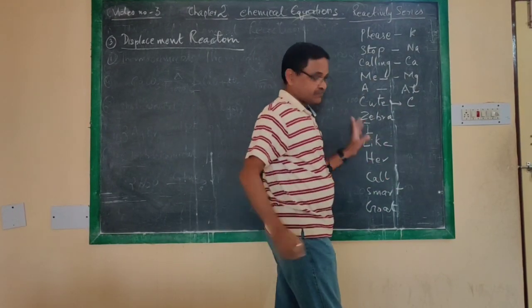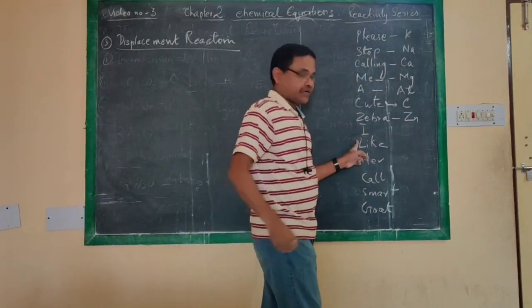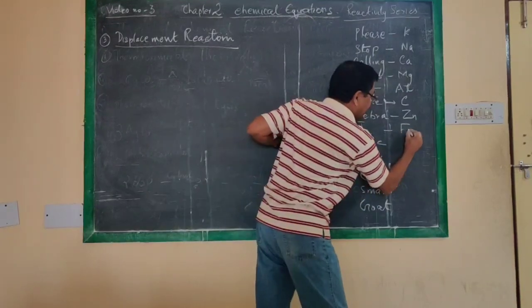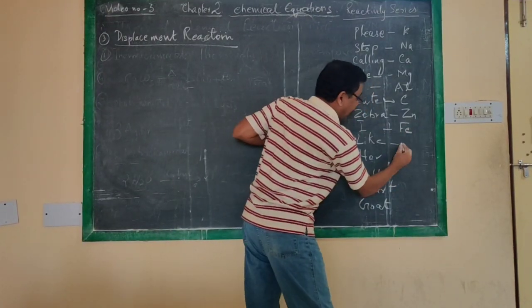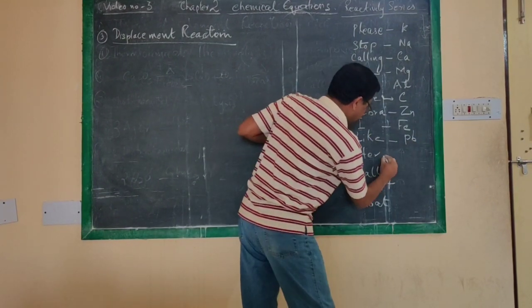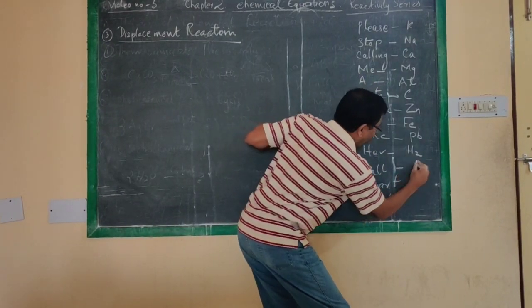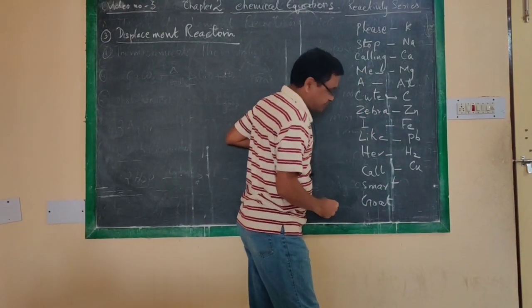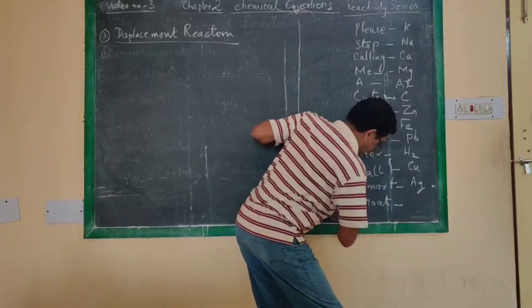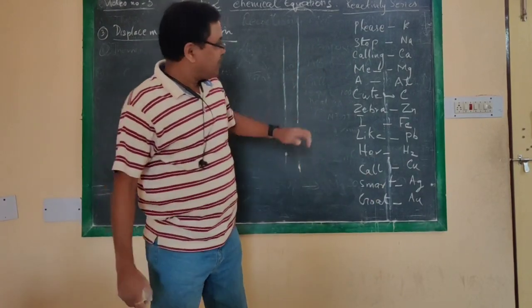C, carbon. Zebra, Zn, zinc. I means iron, Fe. Like, lead, Pb, plumber. Her, hydrogen. Call, copper. Smart, silver. Goat, gold.